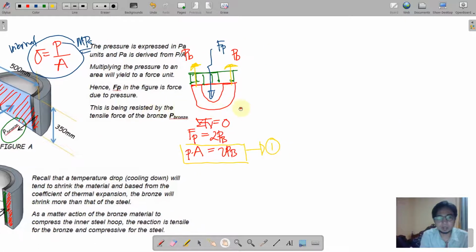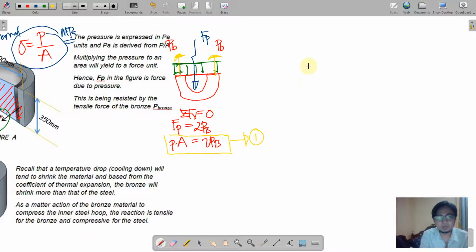So I will now unfold the hoops. Okay, let us unfold the hoops. So unfolding the hoops, we will be having here a rectangular section.